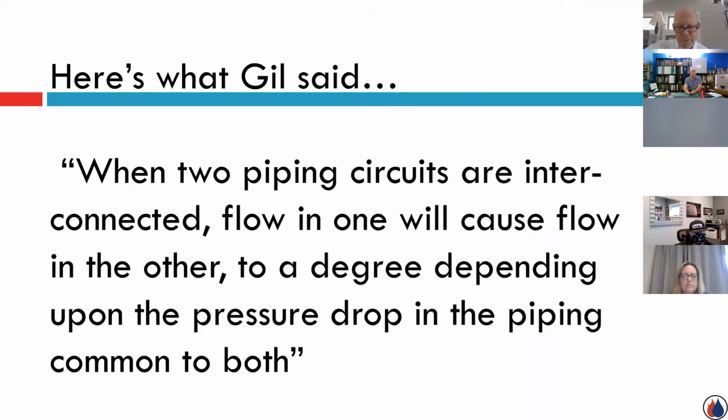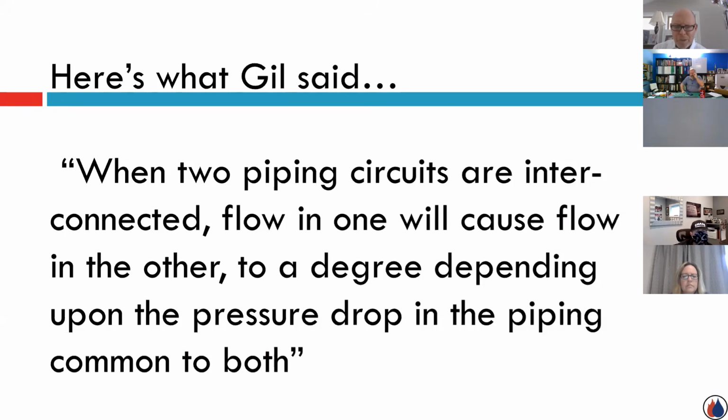And Gil is a very, very smart person, very genius-like, very difficult to watch and listen to because very wordy. But what he said here is, when two piping circuits are interconnected, flow in one will cause flow in the other to a degree depending upon the pressure drop in the piping common to both. You say, what?